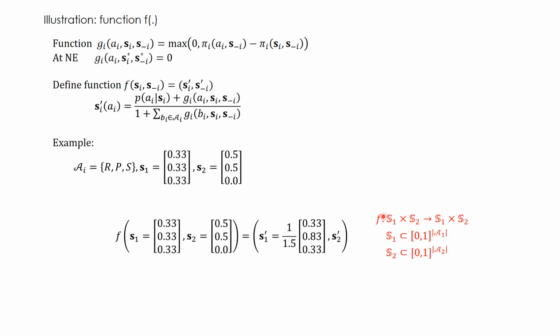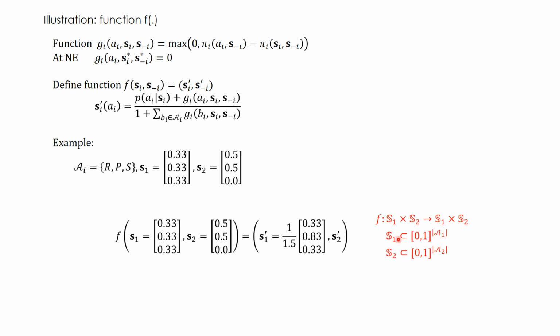Now observe that f is a mapping from the strategy space of agent 1 cross strategy space of agent 2 into, again, strategy space of agent 1 cross strategy space of agent 2. And each strategy space is a subset of [0, 1] to the |A_I|.